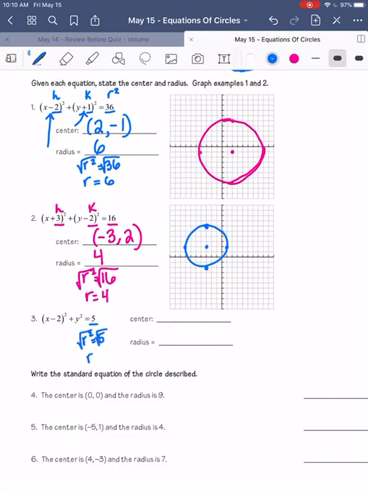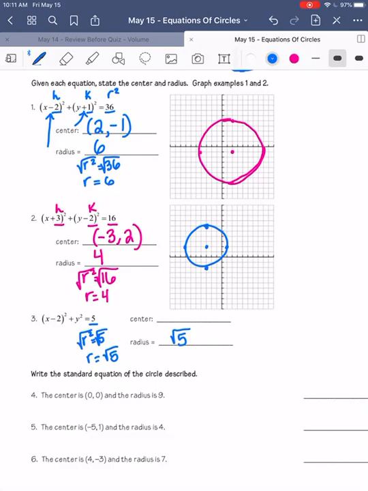So if you take the square root of it, r equals the square root of 5. And if we were to plug that in the formula where you square it, don't you remember that the squared and the square root cancel each other out? So we would be left with 5. Okay, so that is why we don't have a graph for this one, because we are not going to want to graph the square root of 5 because it's not a nice perfect square.